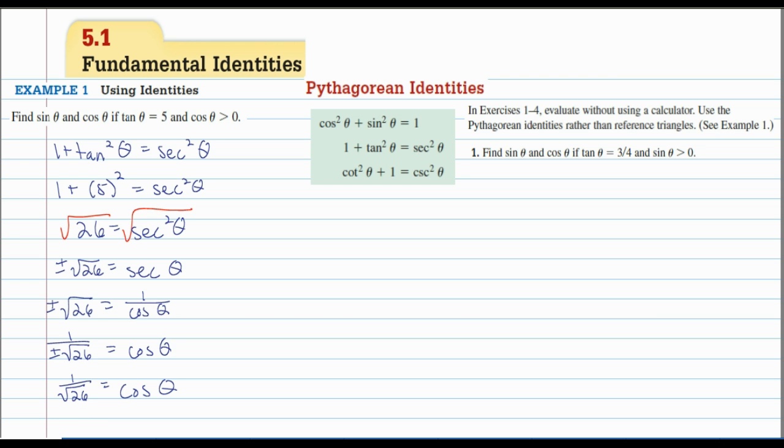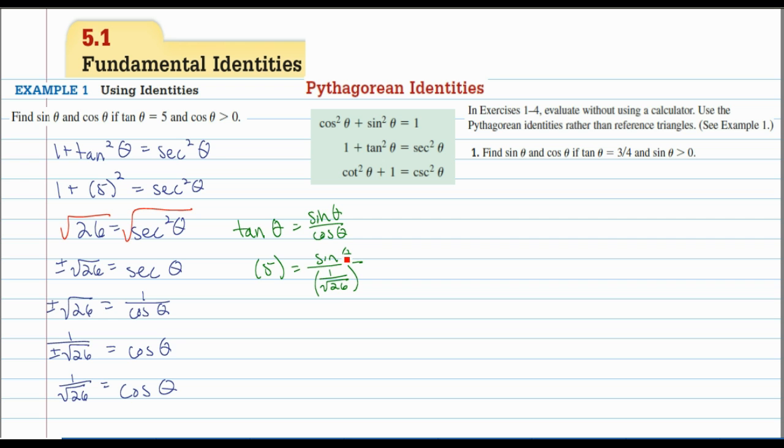Now, since I know tangent and I know cosine, I can use the setup that we were originally talking about. Tangent of theta equals sine of theta divided by cosine theta. And I can say tangent is 5, sine is what I'm trying to find, and cosine is 1 over the square root of 26.